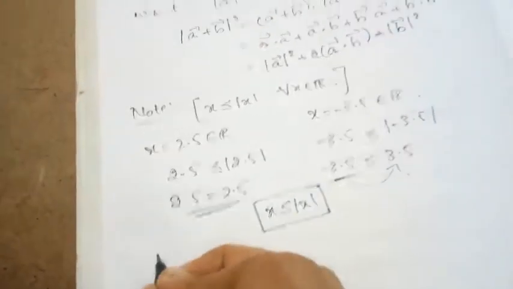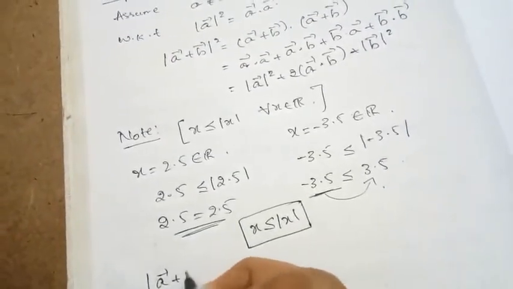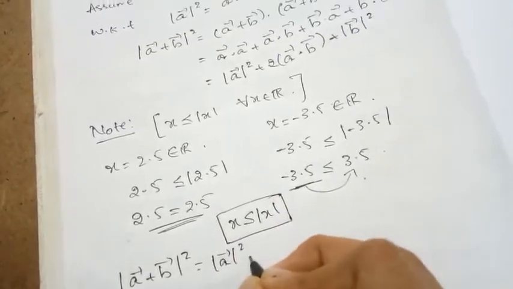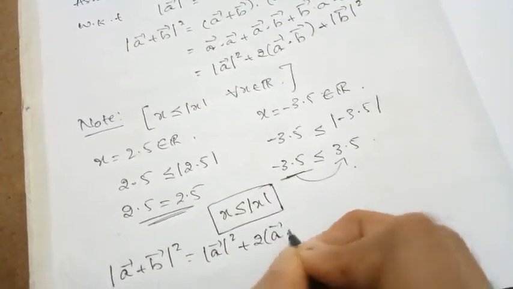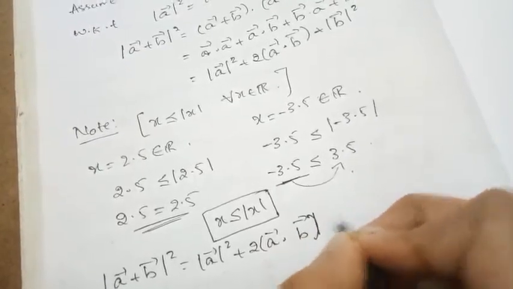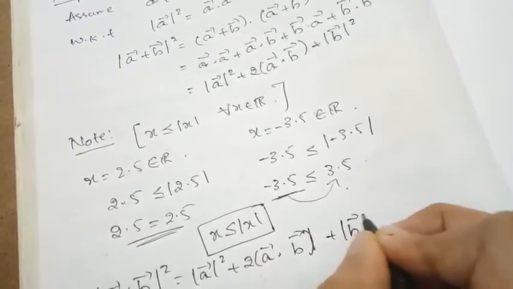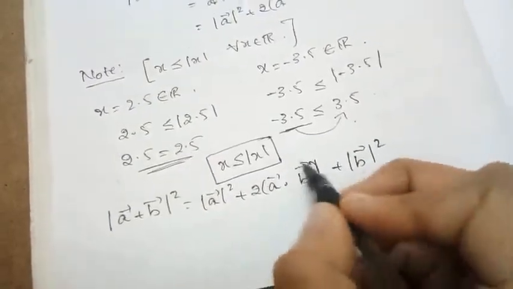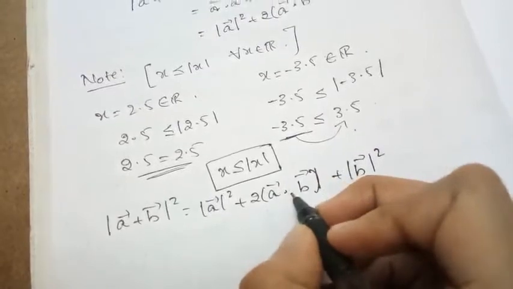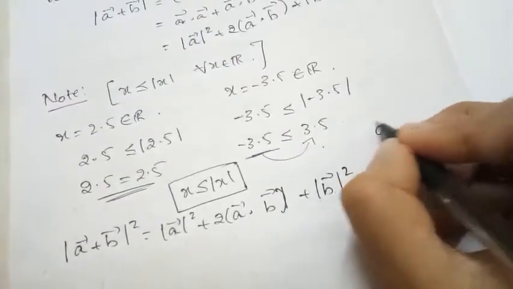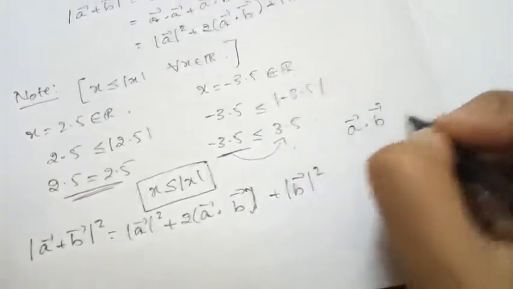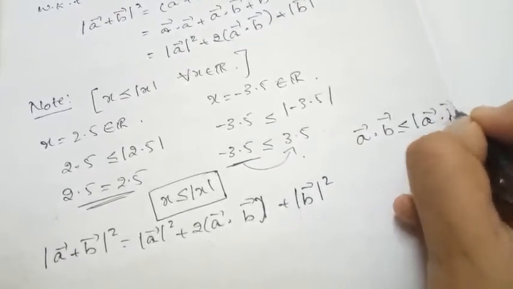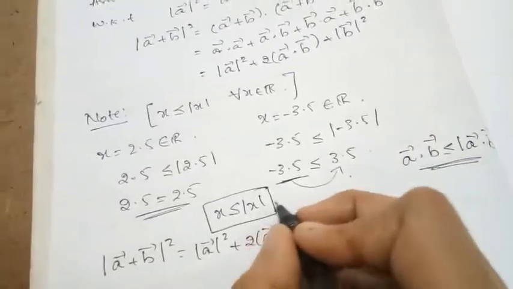So what was that equation? The magnitude of A plus B whole squared is equal to the magnitude of A squared plus 2 times vector A dot vector B plus the magnitude of vector B whole squared. Now you can see here this quantity, vector A dot vector B, is less than or equal to the modulus of vector A dot vector B, where I used this property.